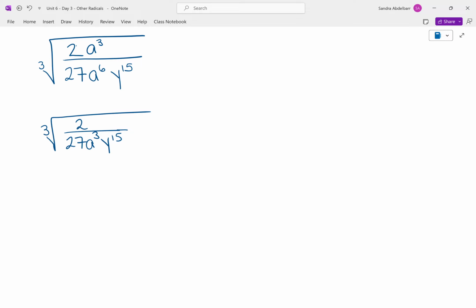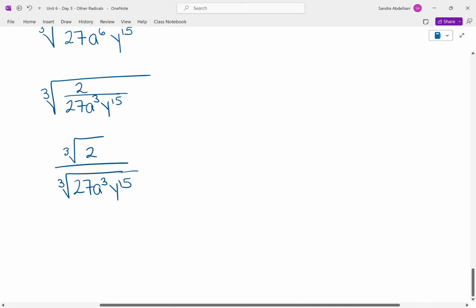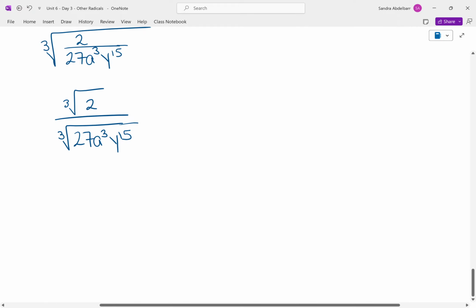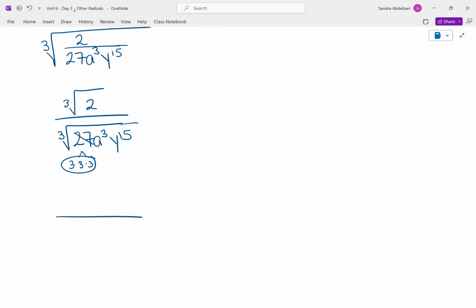Are we allowed to have a fraction underneath a radical? No. So we're going to go from one illegal thing to another. I'm going to split it into the cubed root of 2 over the cubed root of 27 a to the 3rd y to the 15th. Good news is I can simplify this denominator. 27, isn't it 3 times 3 times 3?